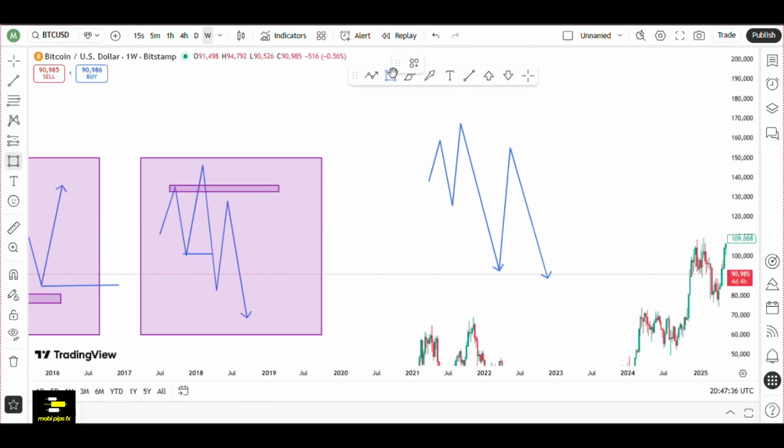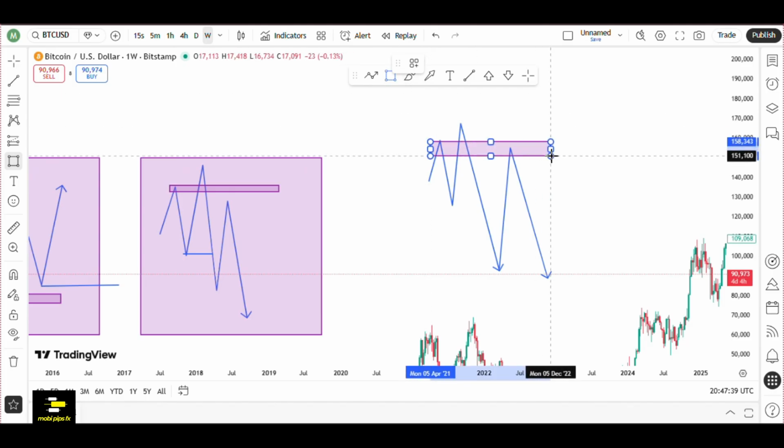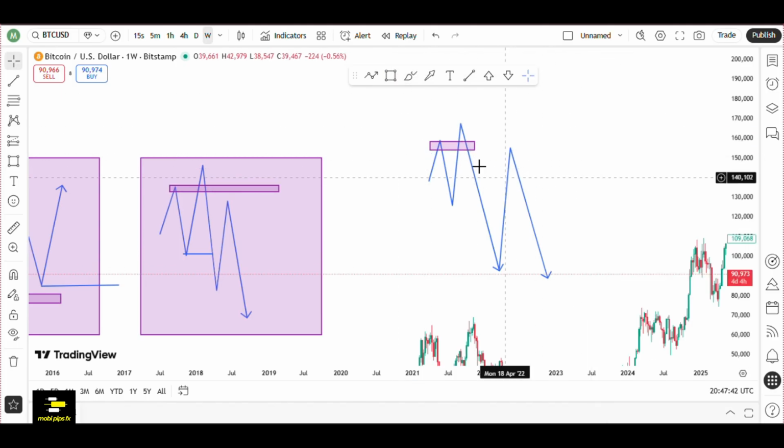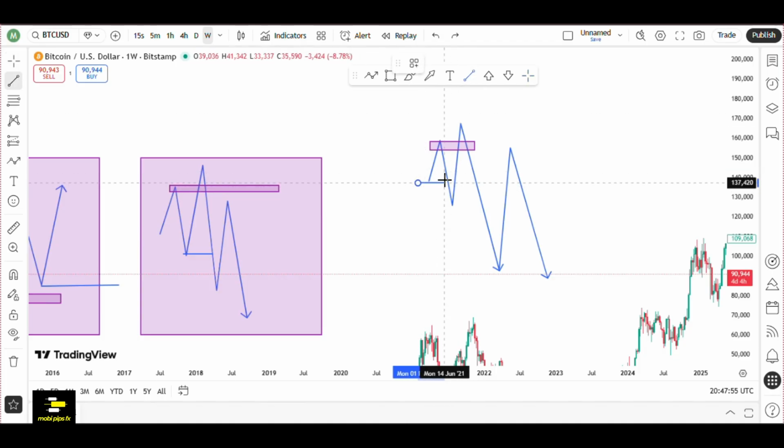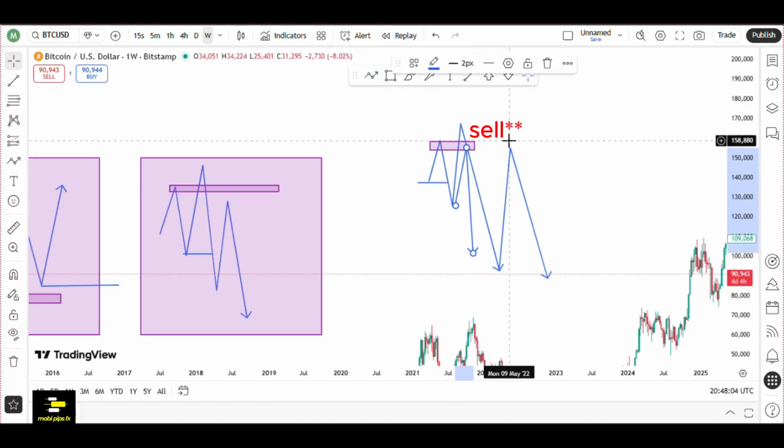If you look at it closely, we started by saying in the basic market structure that there will be a break of structure here, then price is actually supposed to reverse and buy from here, but that is not the case.